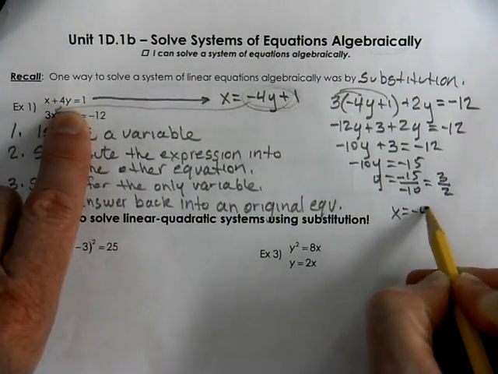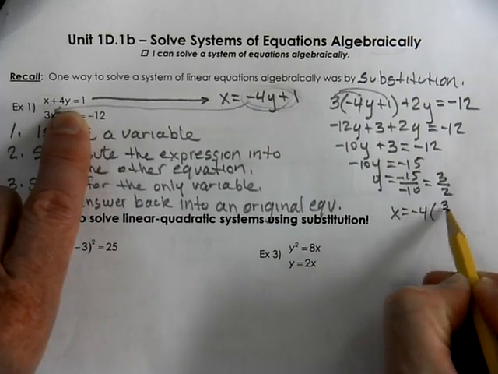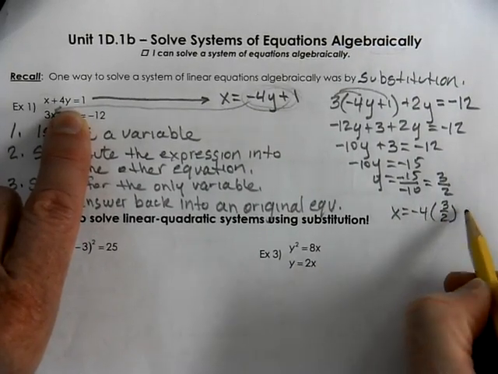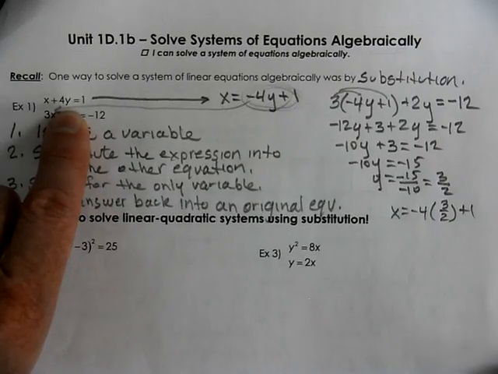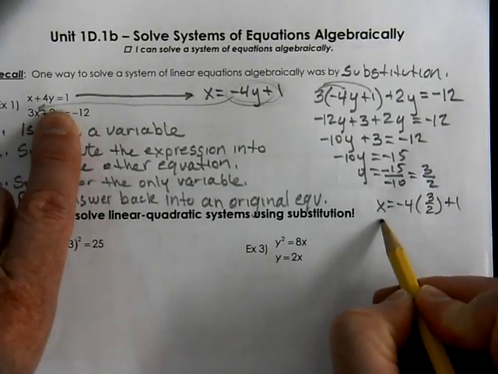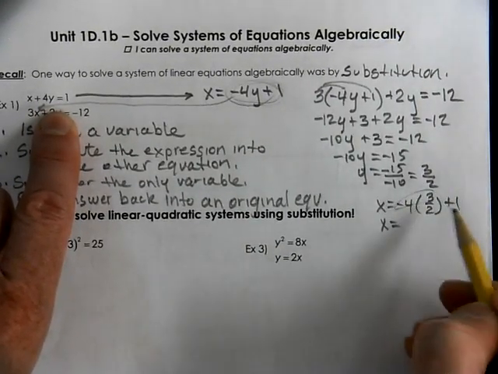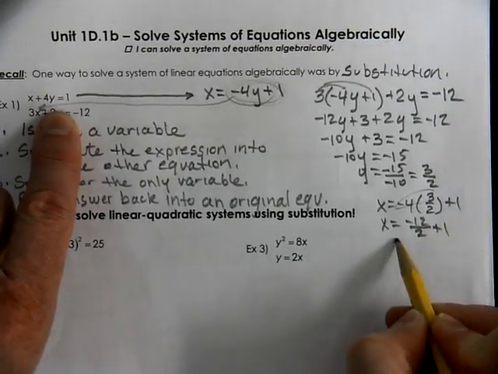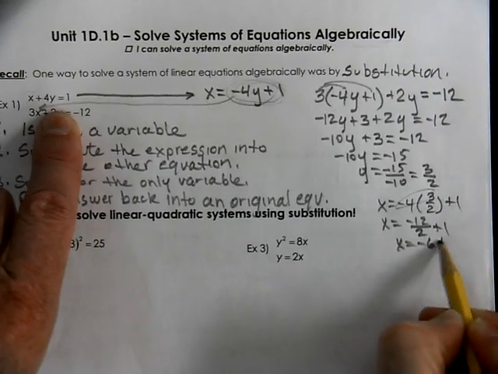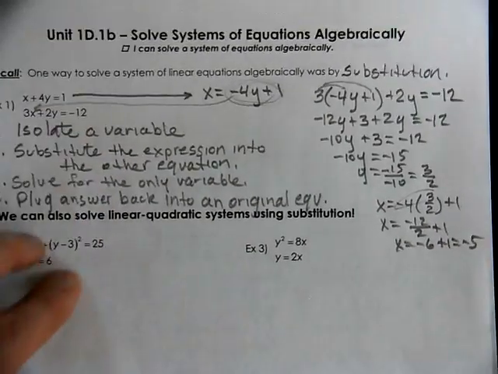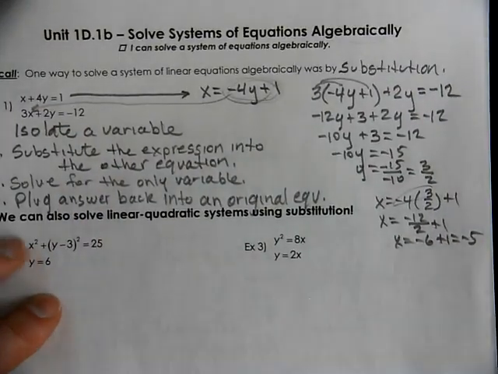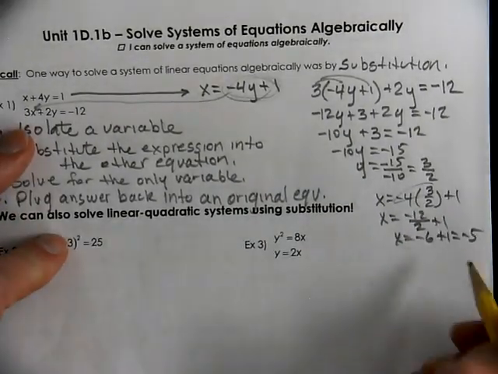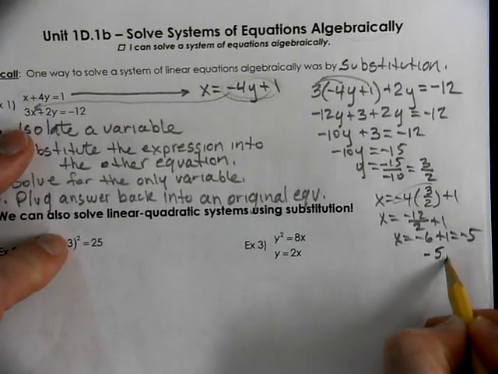So x equals negative 4 times 3 halves plus 1. You would multiply the top number, so negative 12 divided by 2 plus 1. Negative 6 plus 1 is negative 5. So our answer is x is negative 5.